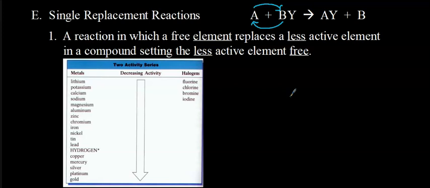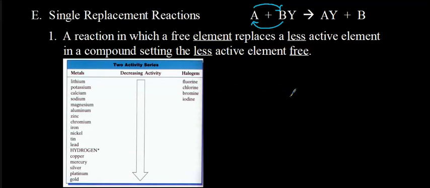For example, what can lithium replace in a single replacement reaction? Go ahead and answer that. Now, I'm guessing some of you said potassium. Well, yeah, that is true. Lithium can replace everything there that's below it. Potassium, calcium, sodium, magnesium, all the way down to gold. So lithium can replace anything and everything that's on that list.